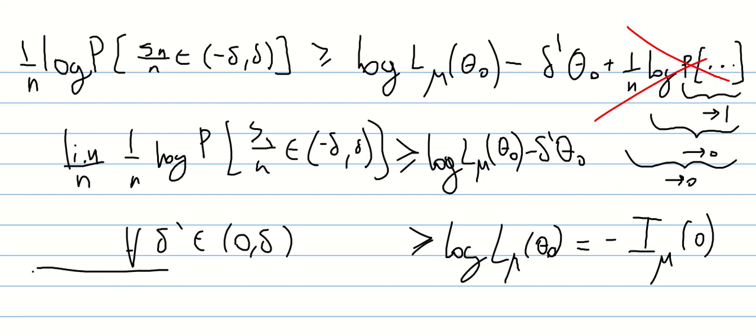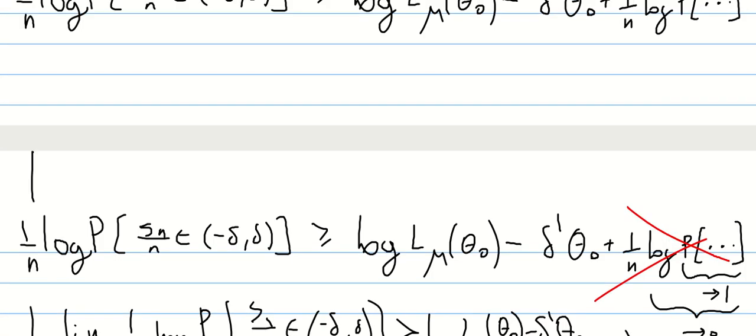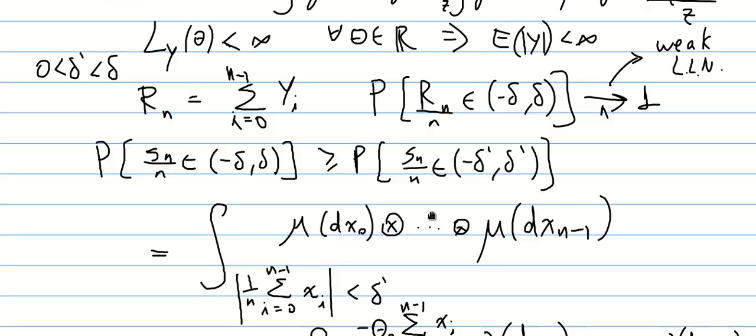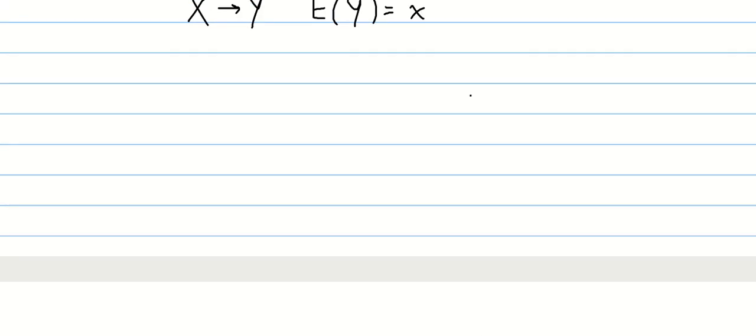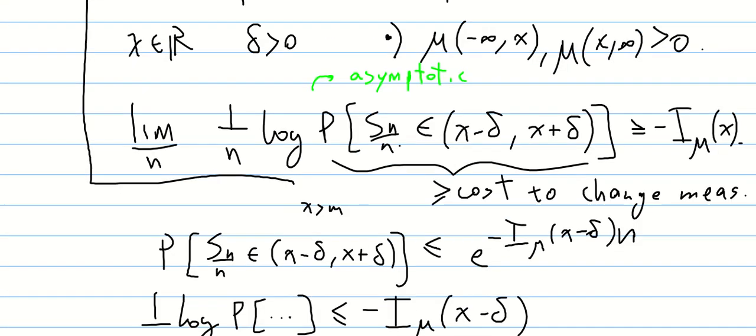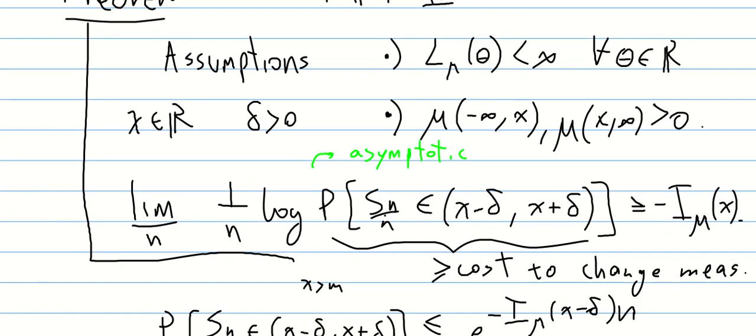So in essence, the price we pay to change the measure for something that would have been a large deviation, so this is a large deviation, be close to 0, be close to x where x is not your expectation, this is a large deviation.